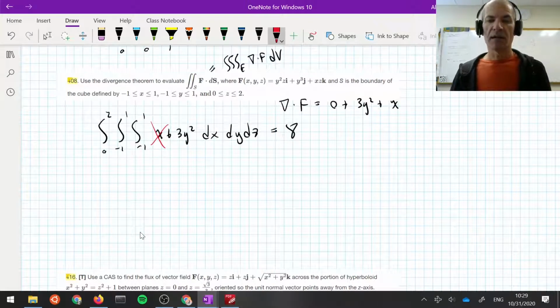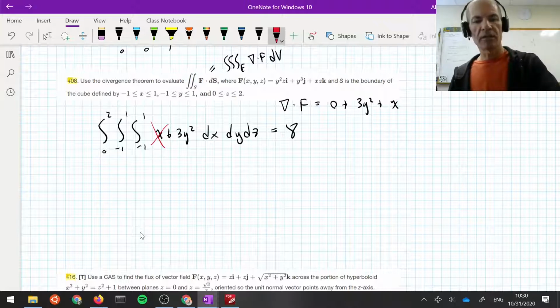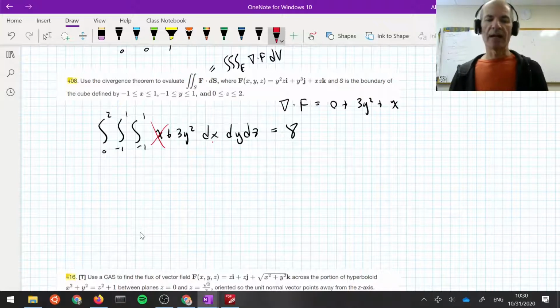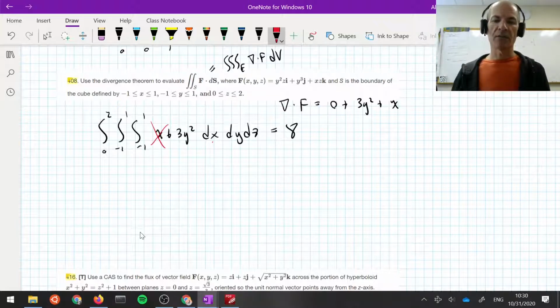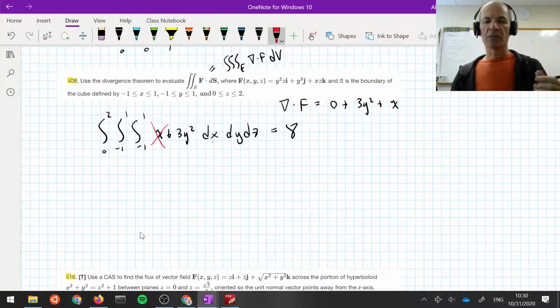The reason that x doesn't matter is when you integrate with respect to x from -1 to 1, the function x is an odd function, and we're integrating over a symmetric interval. So that part of the integral is going to go away.